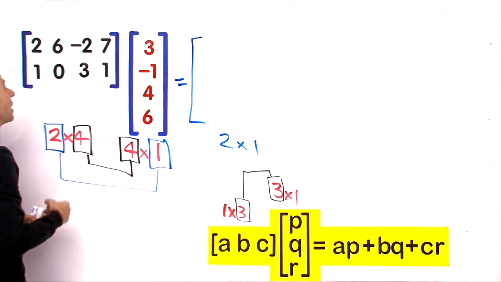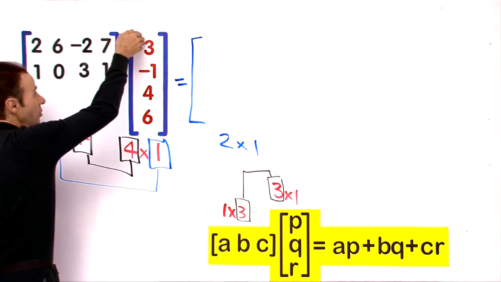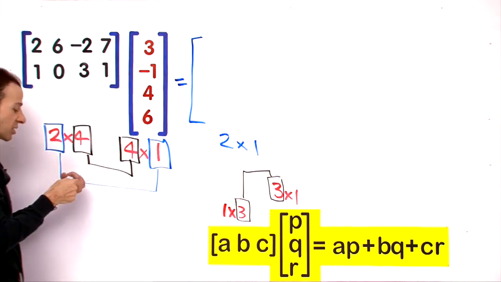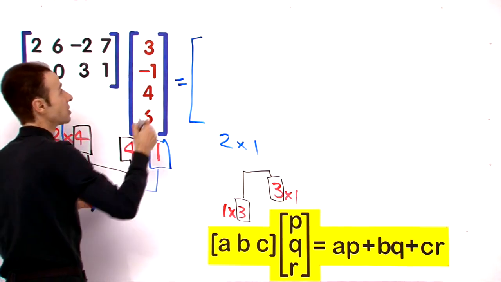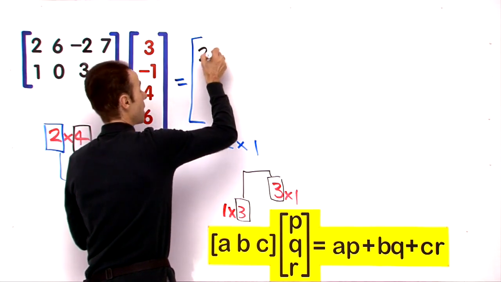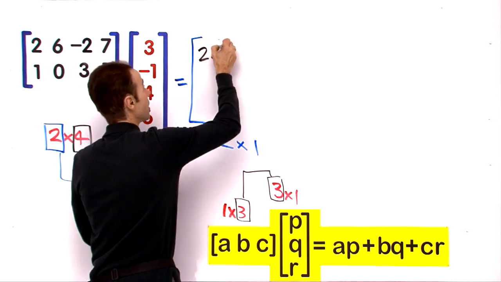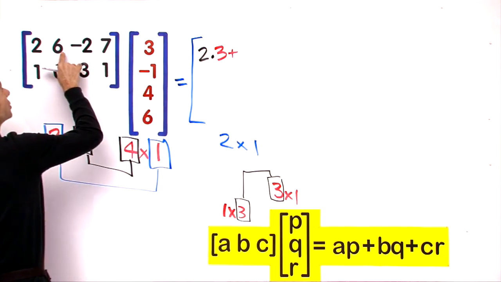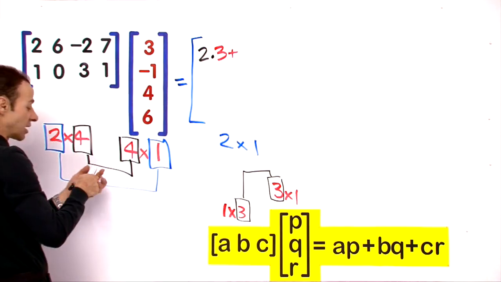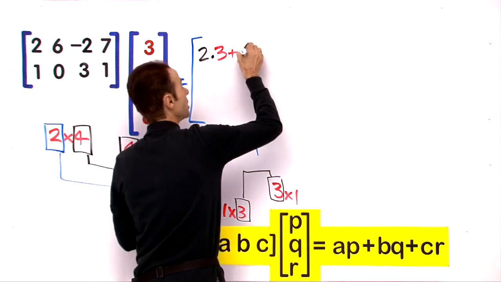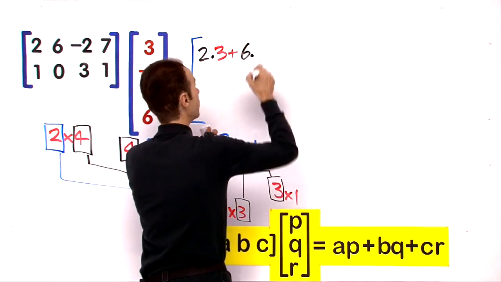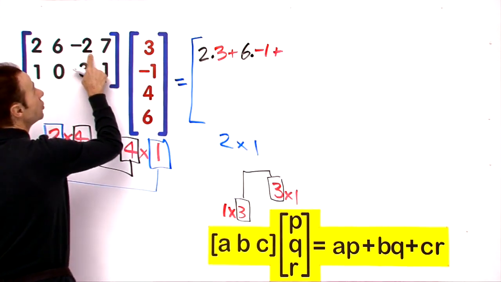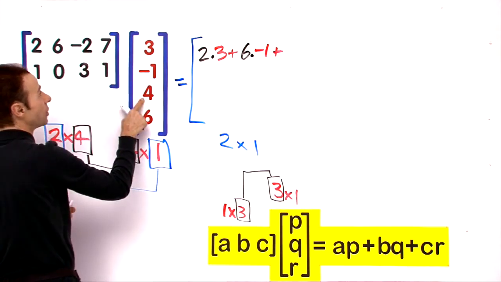So let's proceed. Let's start off with the first row times that 1 column. So the first entry, 2 times 3. That's our first entry. Then we're going to add the second entry, which is 6 times -1. Then we're going to add -2 times 4, right there.